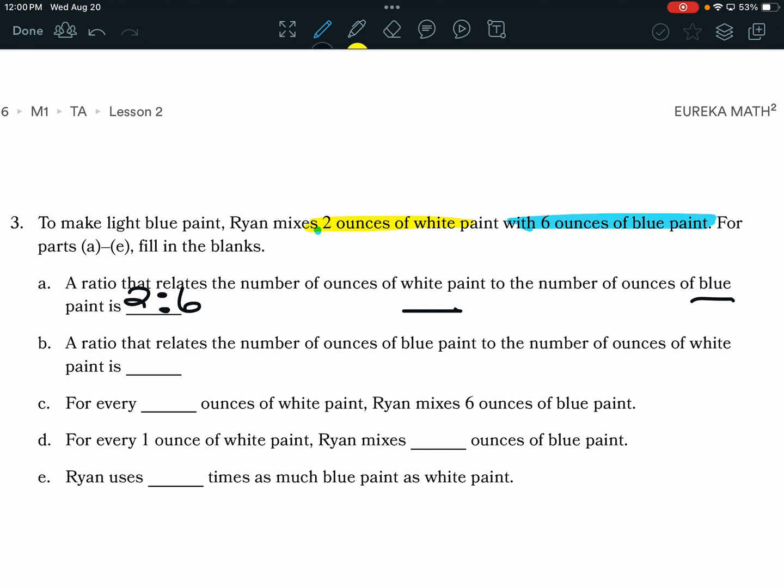All right, letter B. Blue to white. So table 5, blue to white. What do we have? 6 to 2.